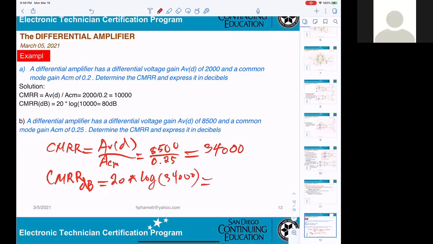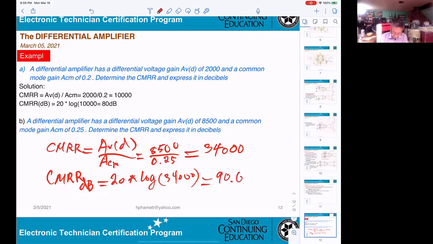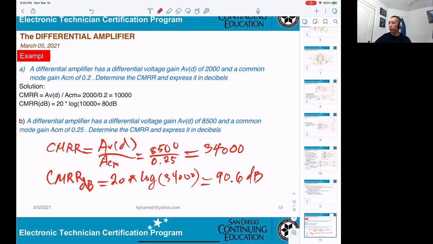About 90.6 dB. Okay, 90.6 dB. So that's a very simple thing. Everyone has to know how to do the calculation. It's just a formula. They give you the formula and you are able to calculate it, then you can convert it to decibels.